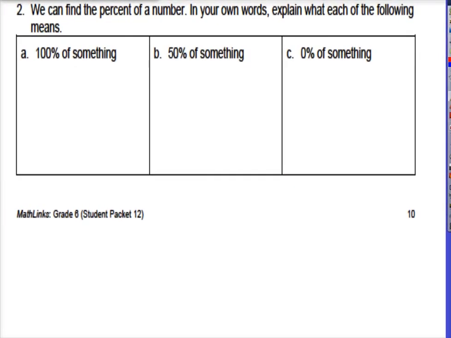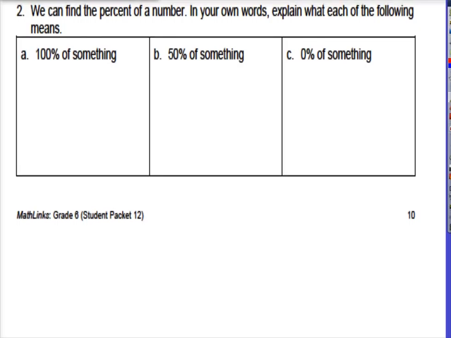In your own words, explain what each of the following means. 100% of something, 50% of something, or 0% of something. So take about 1 minute, have a conversation, actually 2 minutes, because I want you to write out your statement. Take 2 minutes, 1 minute to discuss, 1 minute to write out your statement. What does 100% of something mean?